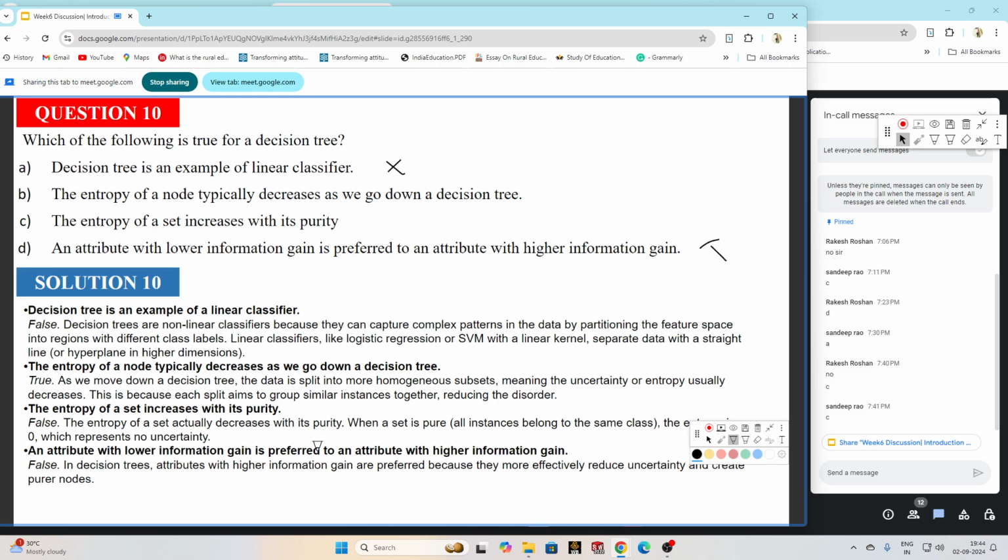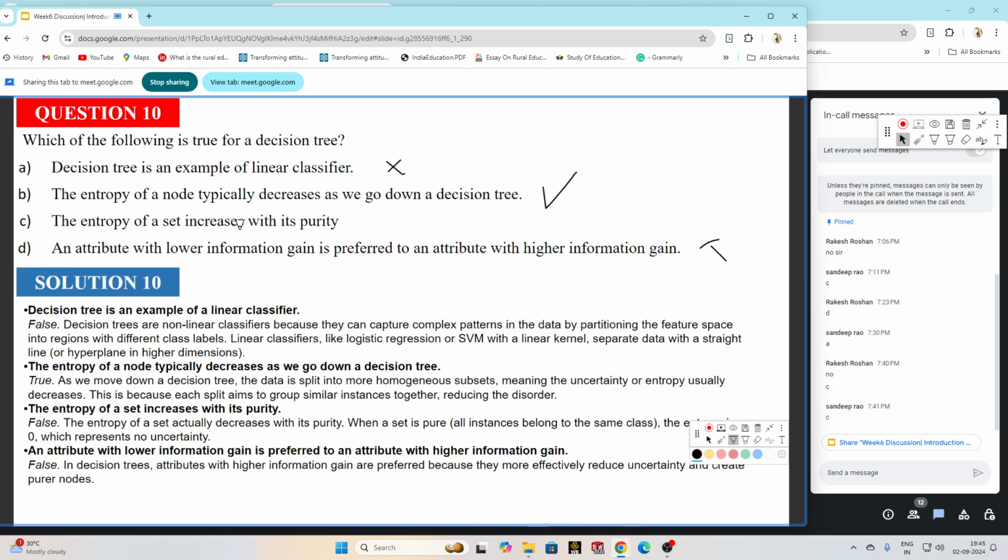From the root node to the leaf node, randomness decreases. That is what we want to achieve, less impurity. The root node is very impure, then we divide it into branches, it becomes somewhat pure, and at a leaf node it becomes fully pure. So entropy decreases as we go down. Option B is true.